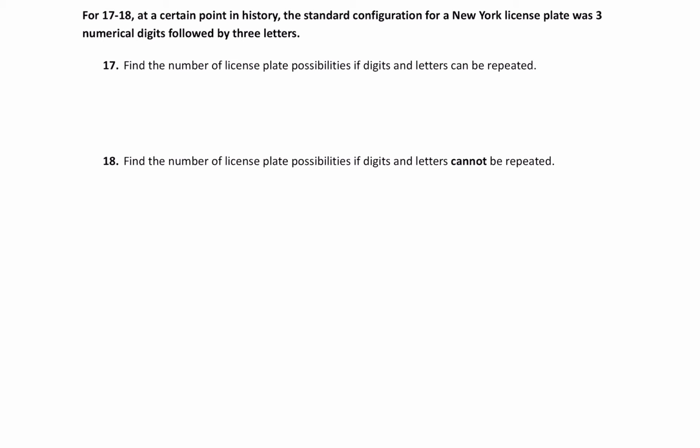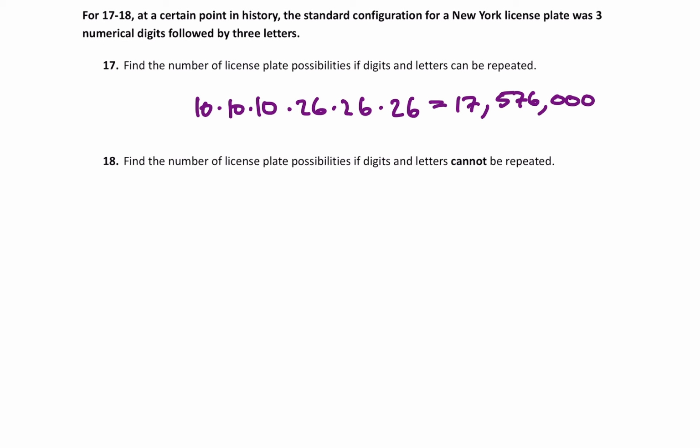Okay, so we know that a New York license plate is made up of 3 digits, and they can all be repeated, and we know that there's 10 digits for each of these. Okay, and then we've got 3 letters that can also be repeated. Well, we've got 26 letters in the English alphabet. So if we put that into our calculators, we get 17,576,000 outcomes.